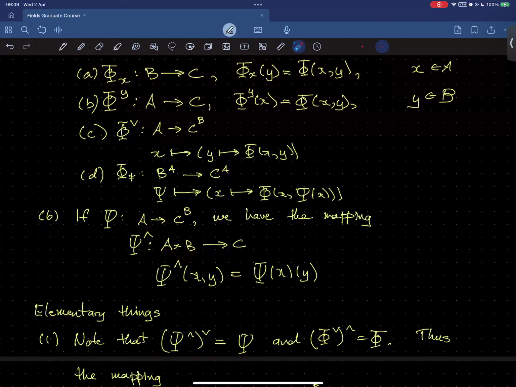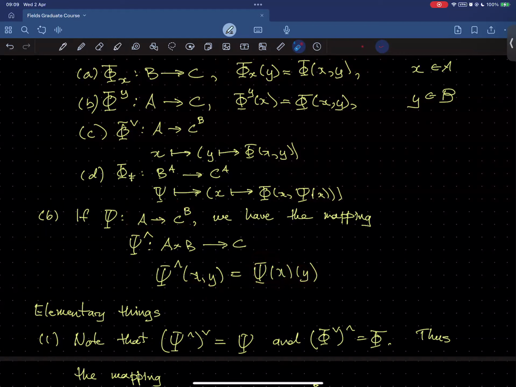Again, there's only one way to assemble all the symbols you're given to give you the kind of object that you want. So I want to evaluate psi wedge at points in A and B. But psi is a mapping from A into the set of mappings from B to C. So this thing will be a mapping from B to C. So I evaluate that at y, and that gets me something in C.